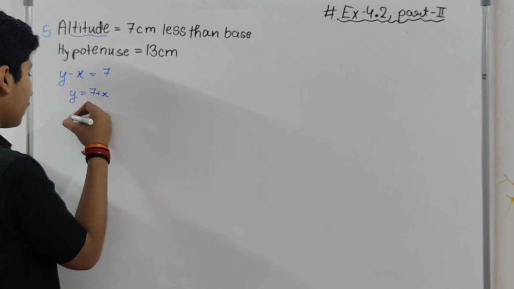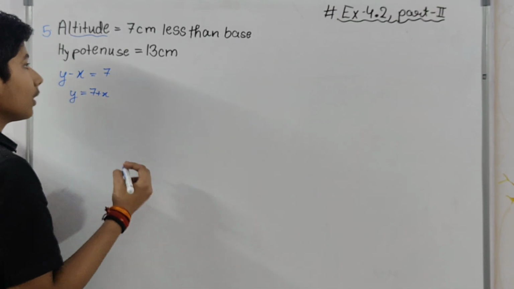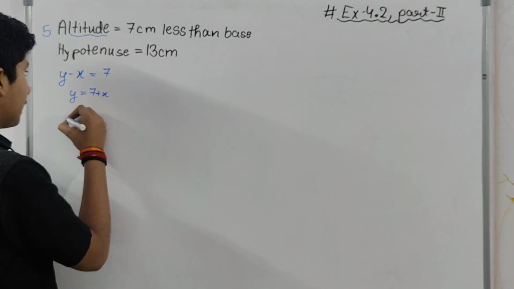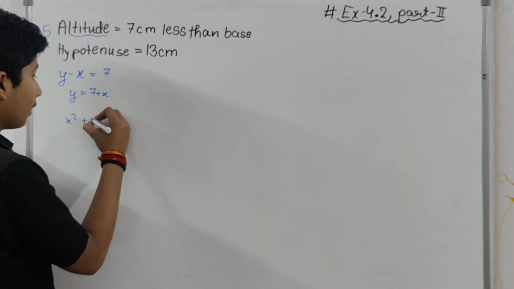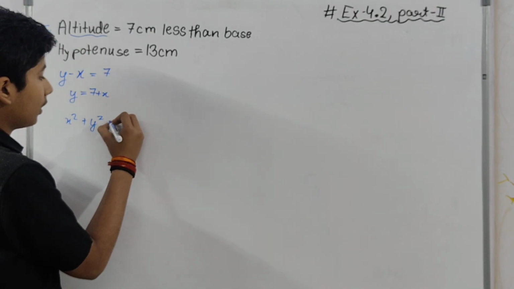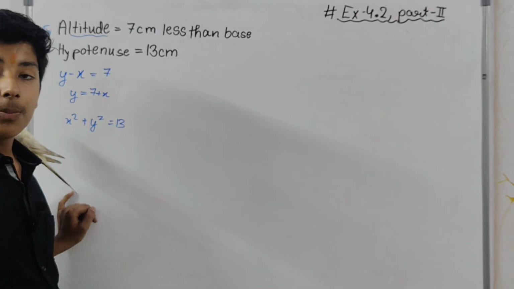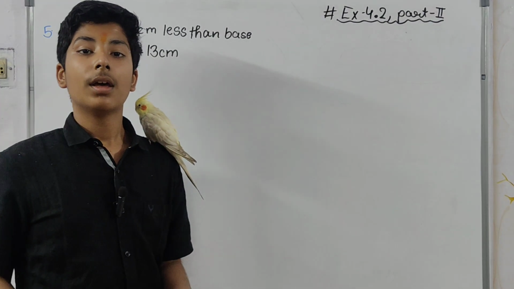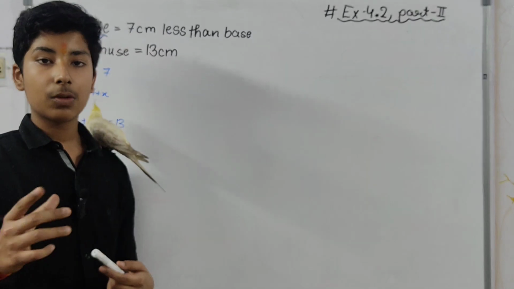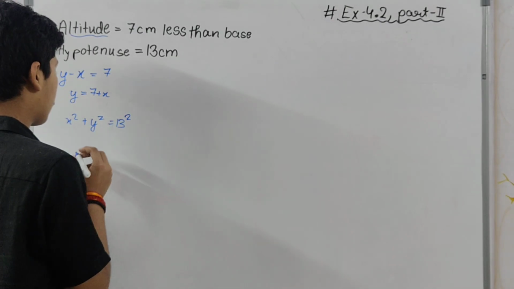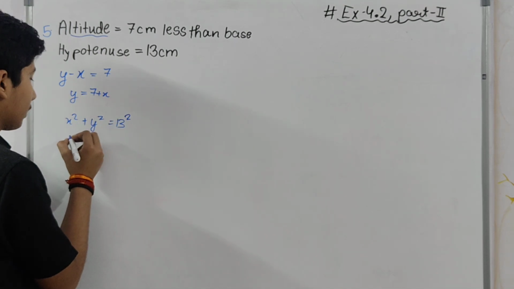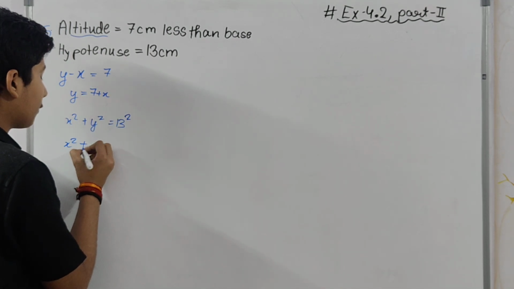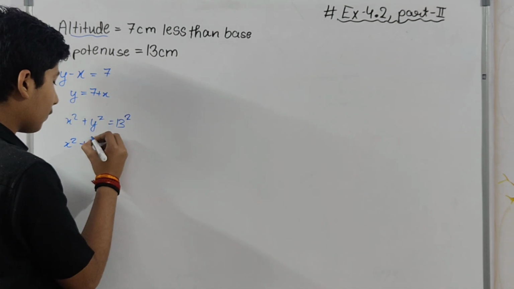Now the hypotenuse is 13. So we know that x square plus y square equals 13 square. How? Because the base square plus altitude square is the square of the hypotenuse. Now x square plus y, where y is given as 7 plus x.